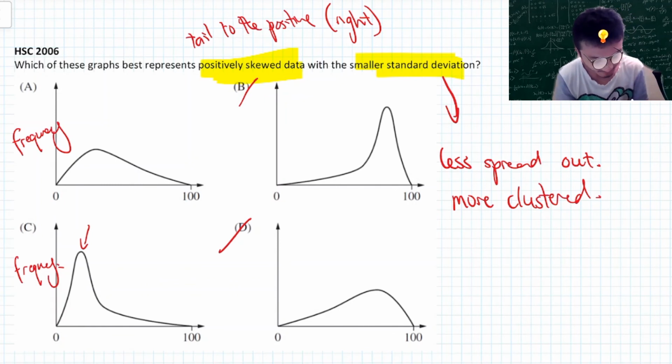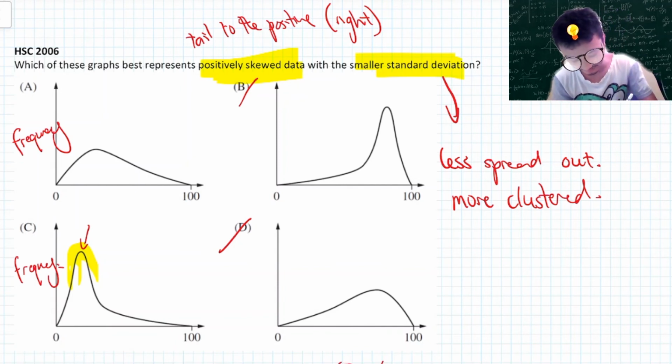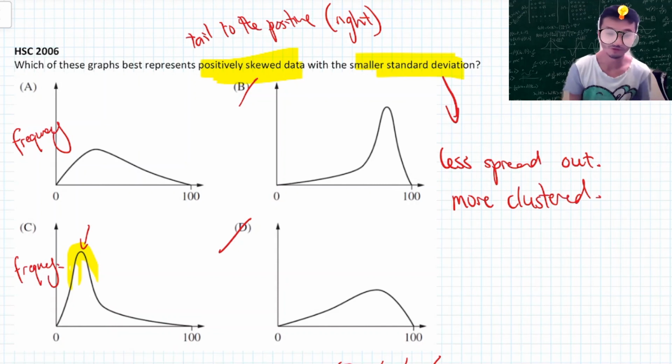Well, let's have a look at C. If I think about these values that are centered around here, let's say that that peak is like 5, for example. So I know there's lots of 5s. And I can see around it, there's still quite a high frequency. That means there's lots of 5s, there's lots of 6s, and 4s, and so on and so forth. But after a few different values, it starts to drop off very quickly. There are still some values leading up to 100, but then there's not very much.